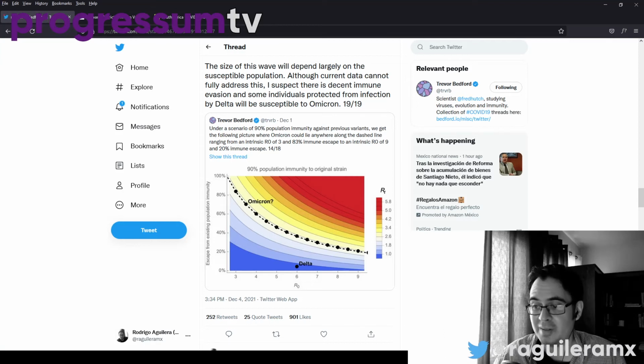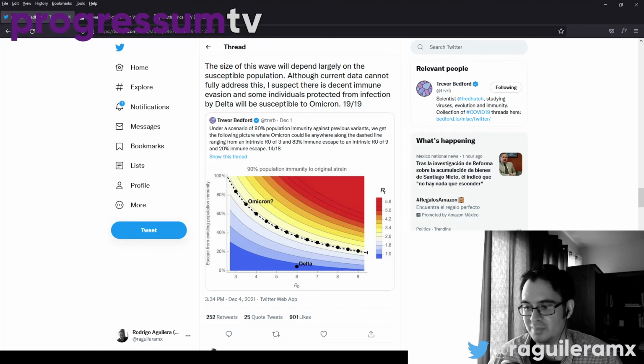But if it turns out that it's less deadly, and it's spreading among populations that have some degree of vaccination, of immunity, then in some respects it might be a good thing, because it'll crowd out the slightly less transmissible but deadlier Delta, and that could be a good thing. So still don't know, very preliminary data.